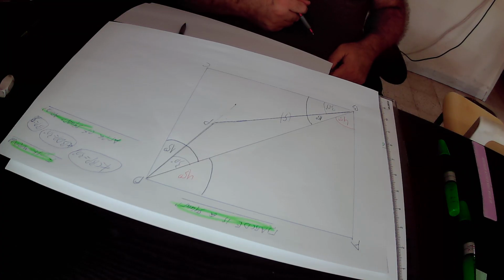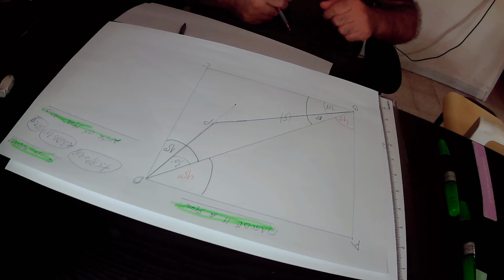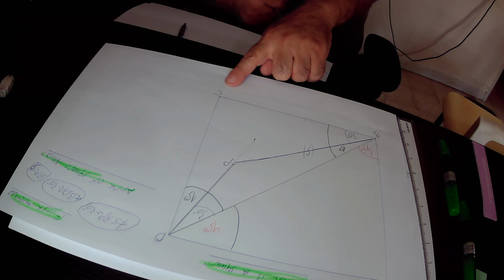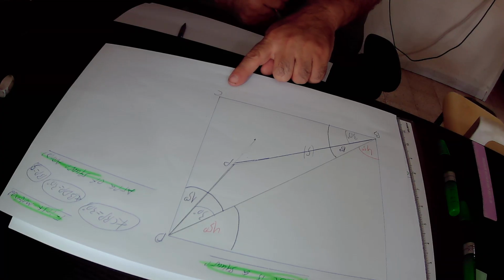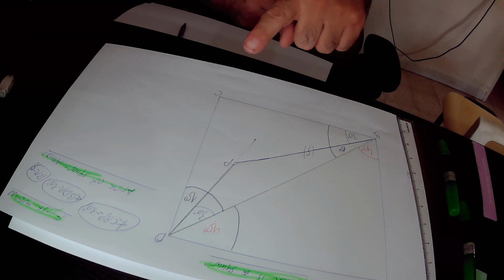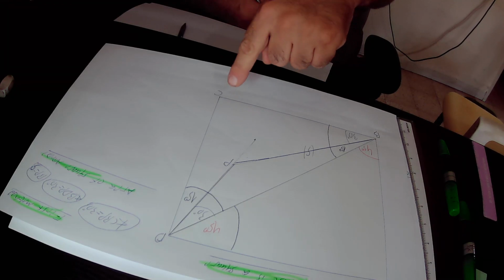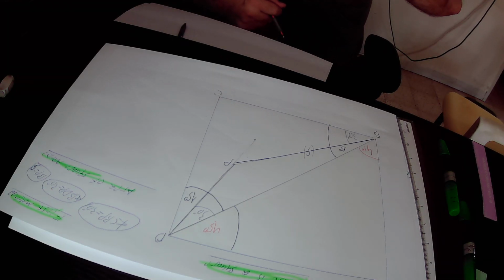In the next step, we will do a construction. That is to say, from the vertex C of the square ABCD, we will draw the angle bisector of angle DCB. Again, from point C, we draw the angle bisector of this angle DCB.